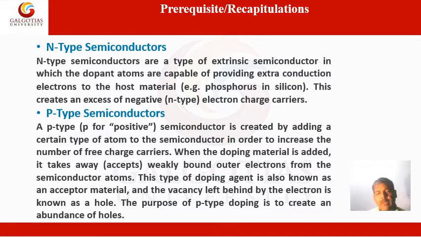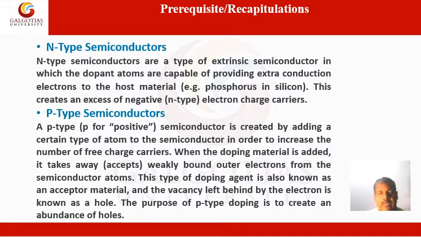When the doping material is added, it takes away weakly bound outer electrons from the semiconductor atoms. This type of doping agent is also known as acceptor material, and the vacancy left behind by the electron is known as a hole. The purpose of p-type doping is to create an abundance of holes.